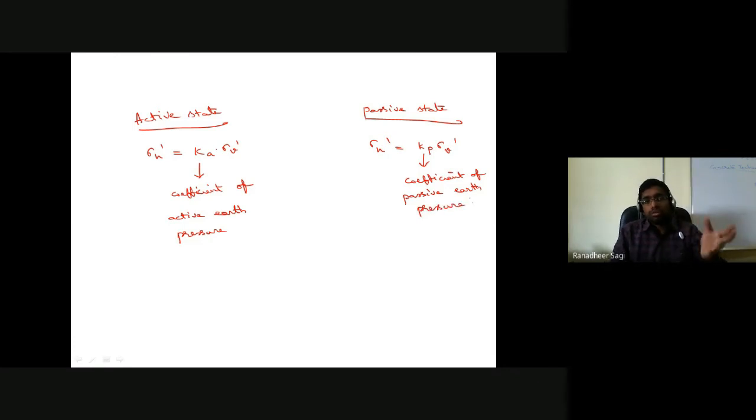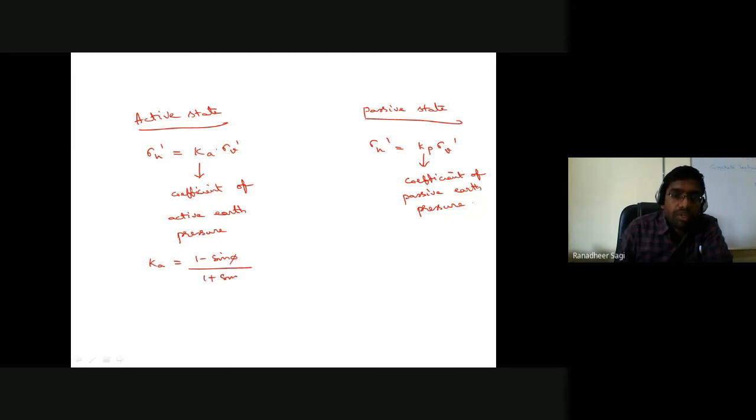Okay, so Ka and Kp, where the expression for Ka is 1 minus sine phi by 1 plus sine phi, which we'll be deriving in the next class. Or in terms of the effective shear strength parameters, it's 1 minus sine phi dash by 1 plus sine phi dash.